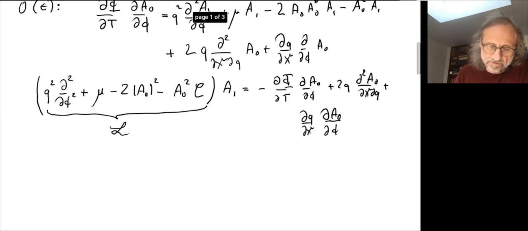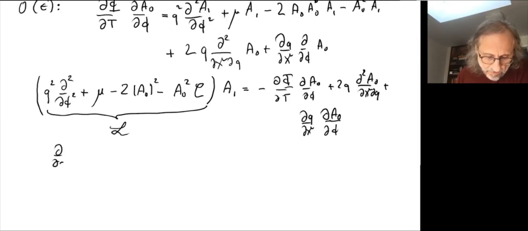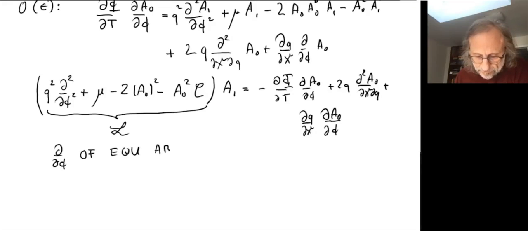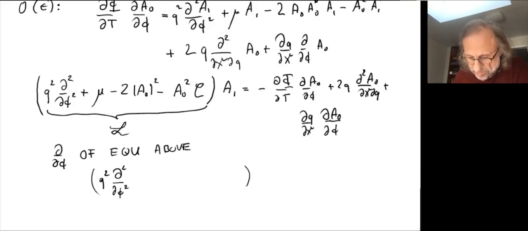And so let's write that out. We get simply d by d phi of the equation above. We get q squared times the second derivative of dA by d phi.